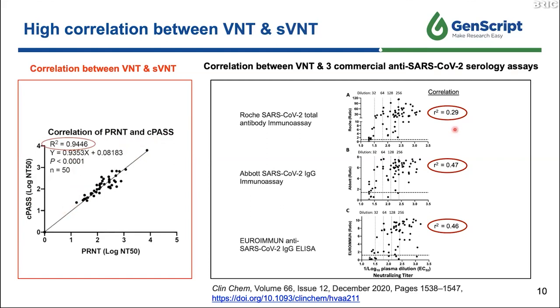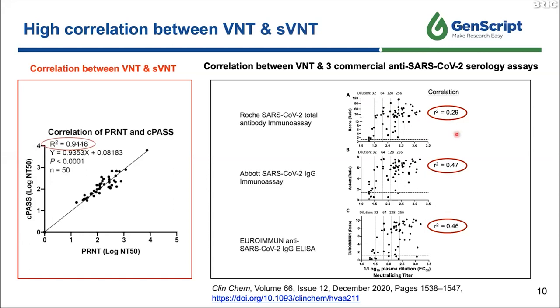So how about other commercial assays that are designed to detect binding antibodies? In this study, it is observed that for these 3 other commercial serology assays, their correlation with the gold standard VNT is very poor, with R-squared values of less than 0.5.